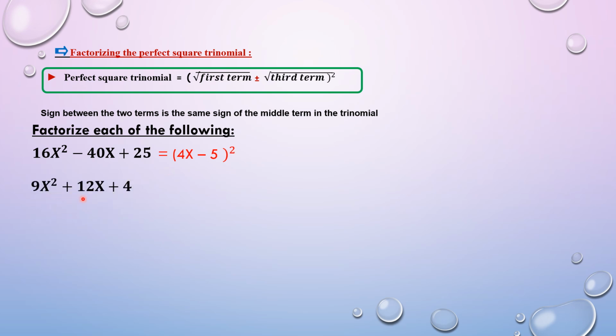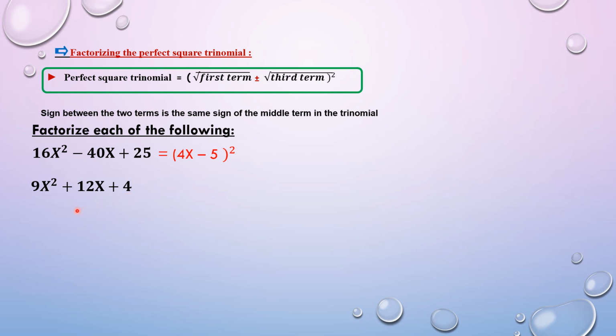9x power 2 plus 12x plus 4. Let's check it. 9x power 2 is a perfect square, and 4 also is positive and it's a perfect square. The middle term: 2 times the square root of 9x power 2, which is 3x, multiplied by the square root of 4, which is 2.